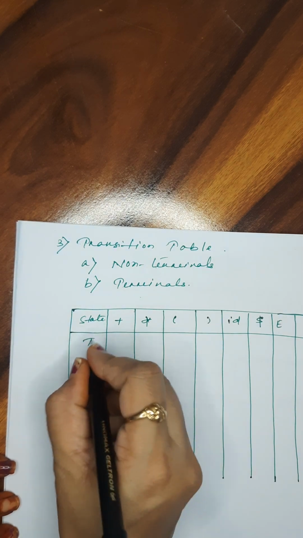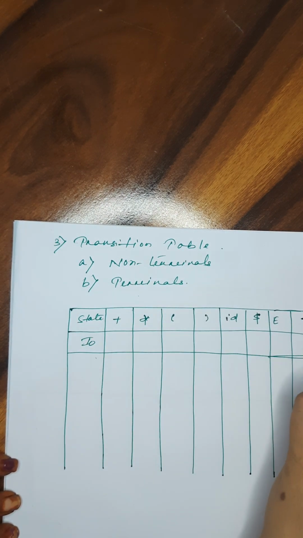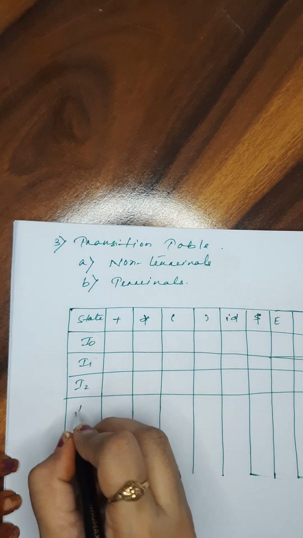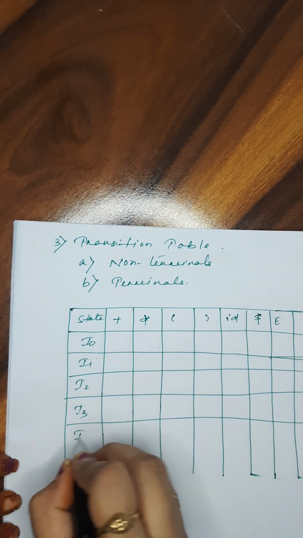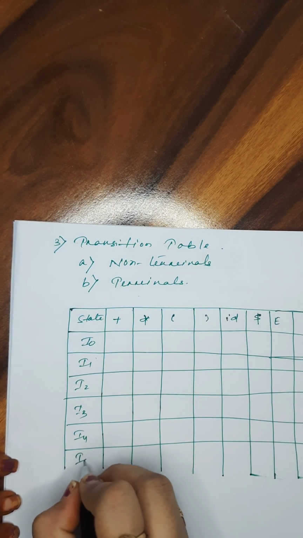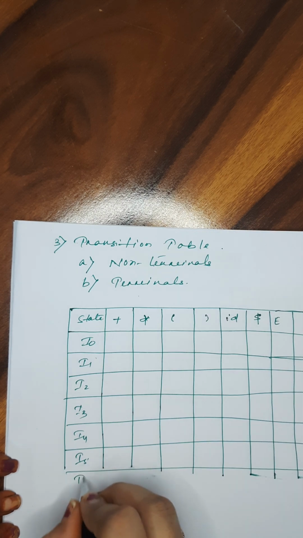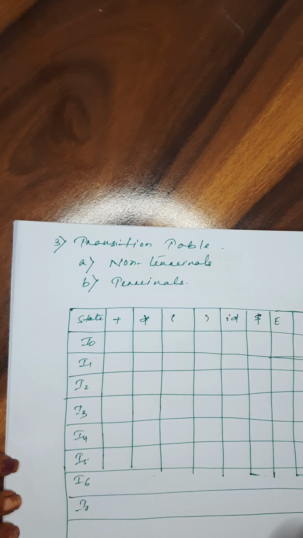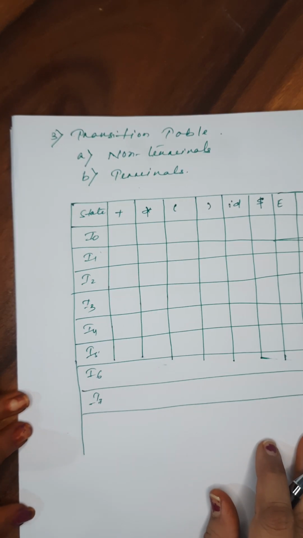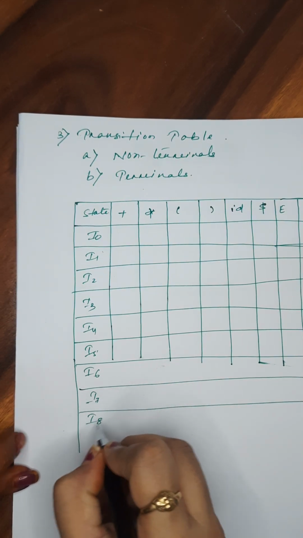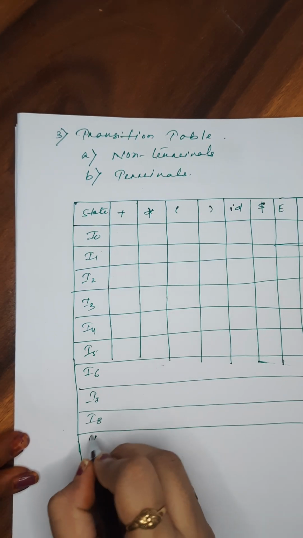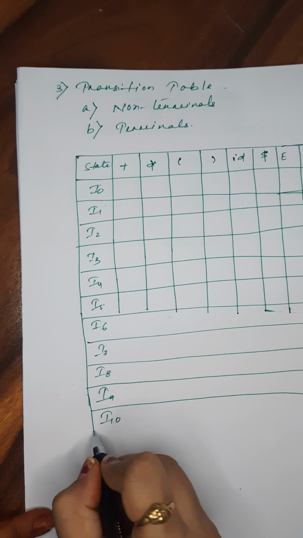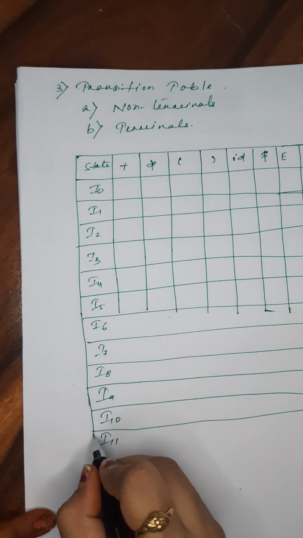The item sets were I0, I1, I2, I3, I4, I5, I6, I7, I8, I9, all the items that we have constructed, we have to take. I10 and the last one was I11.